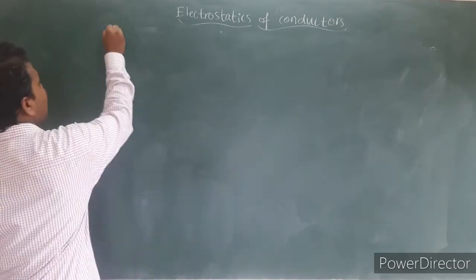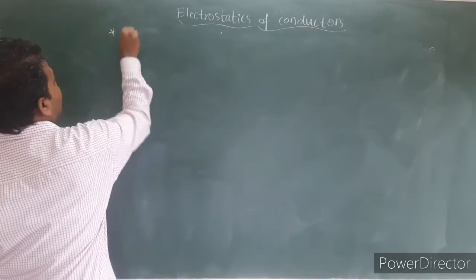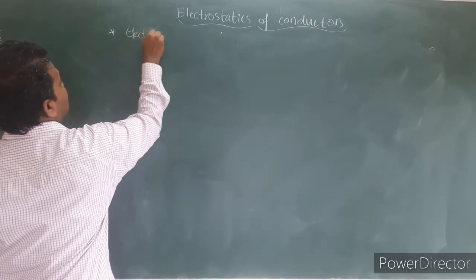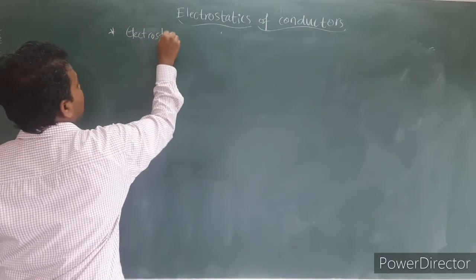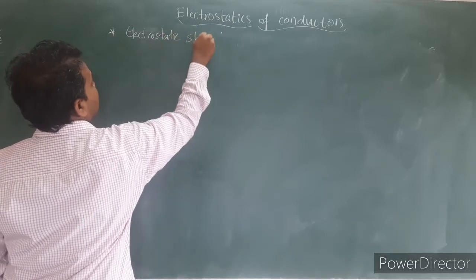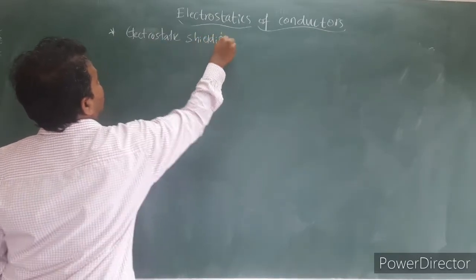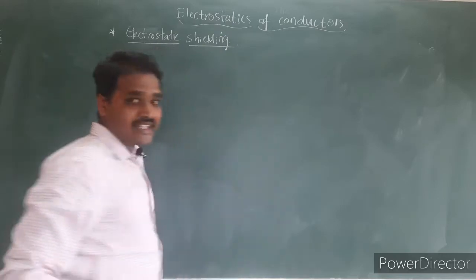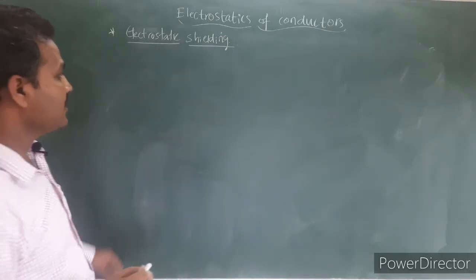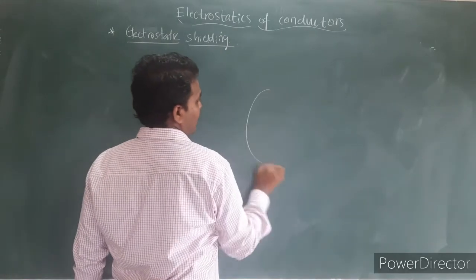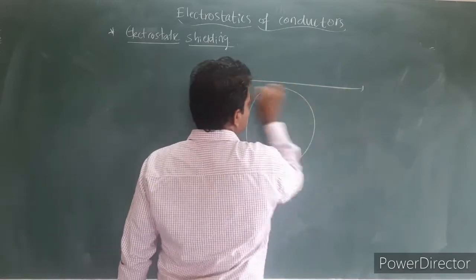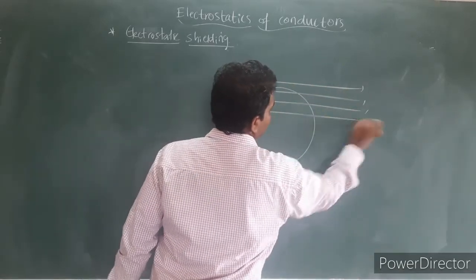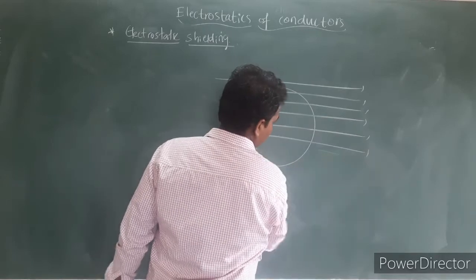So next we have an important property called electrostatic shielding. Here, let us consider a conductor which is placed in a uniform electric field again.